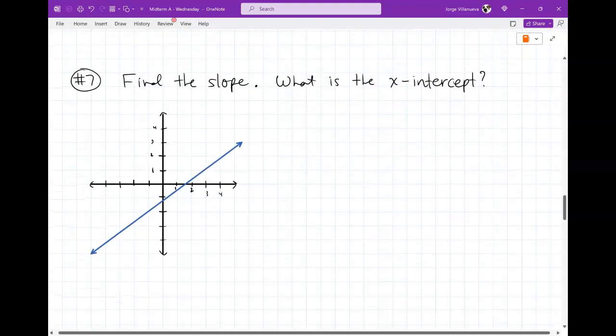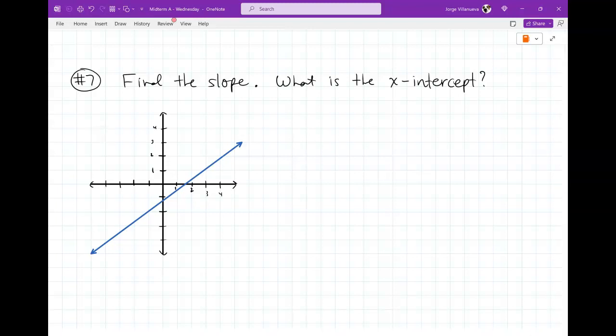So this one's pretty quick. Find the slope. What is the x-intercept? Okay. Now, how are you supposed to find the slope when I just give you a picture? You don't have to do this problem, but how are you supposed to approach it? When you're given a picture, how do you find the slope? Rise over run.